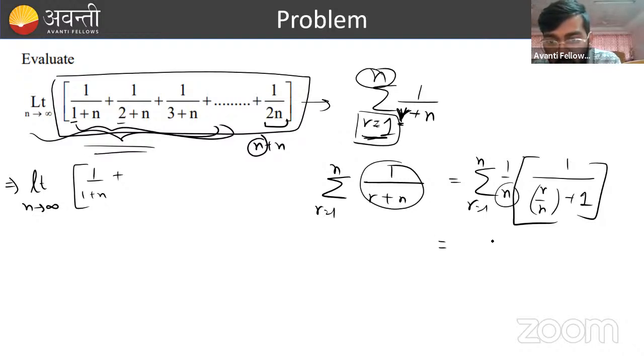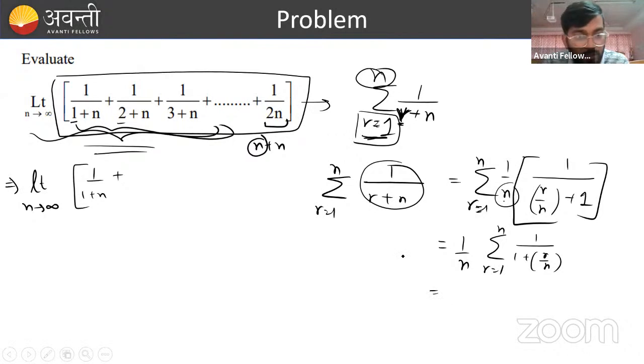Now this series is changing based on r, so n can be treated as a constant. I'll write n outside. Now this becomes 1 by 1 plus r upon n, r equals 1 to n. Now we'll move on to the process that was given to us.